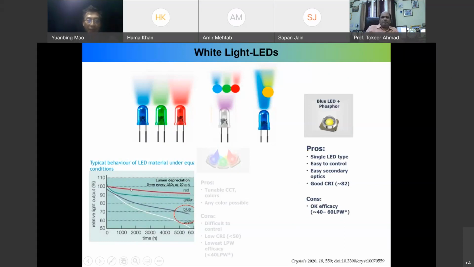The red phosphor is relatively more stable, but the green will decay faster, and the blue phosphor degrades even faster. When they are combined into white light, after certain hours it's not as original anymore. So that's a problem with these designs.